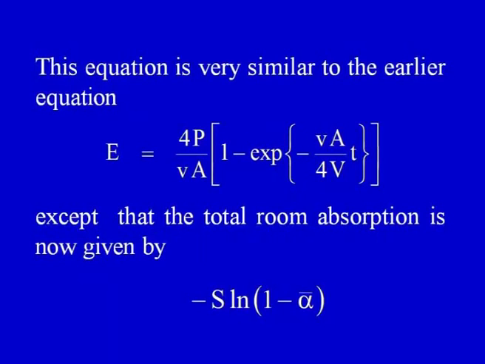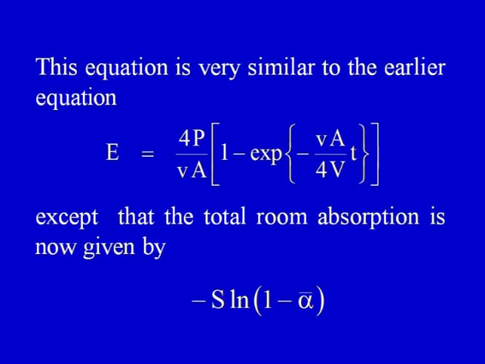Now, this equation is very similar to the earlier equation, which was E is equal to 4 P upon V A times 1 minus E raised to the power minus V A upon 4 V times T, except that the total room absorption is now given here by minus S log of 1 minus alpha bar.